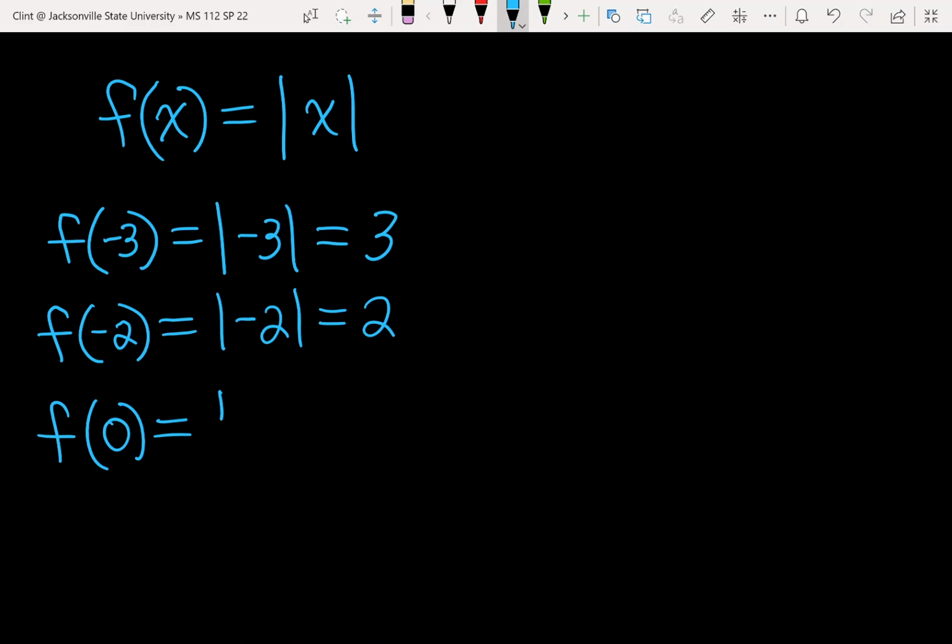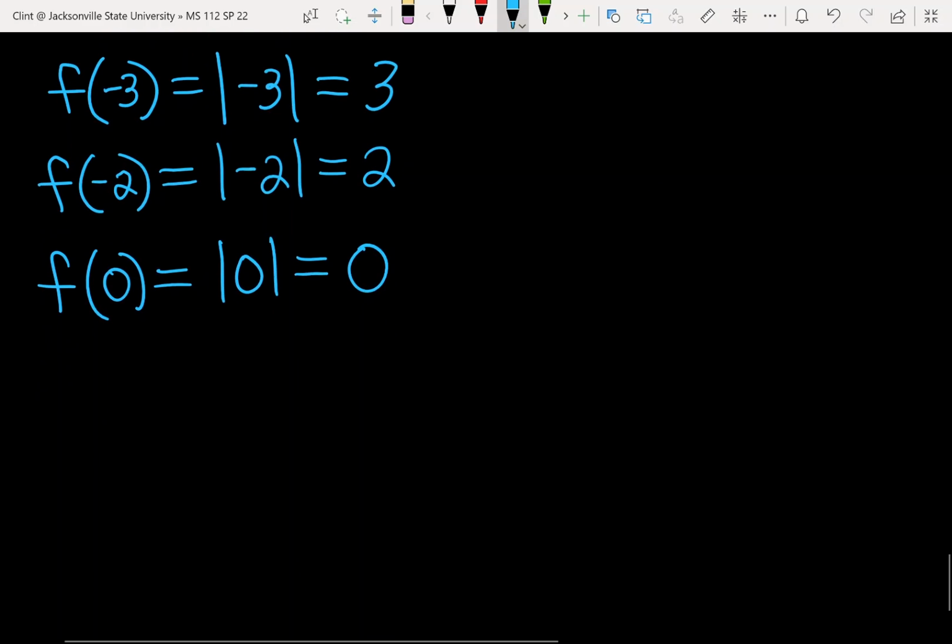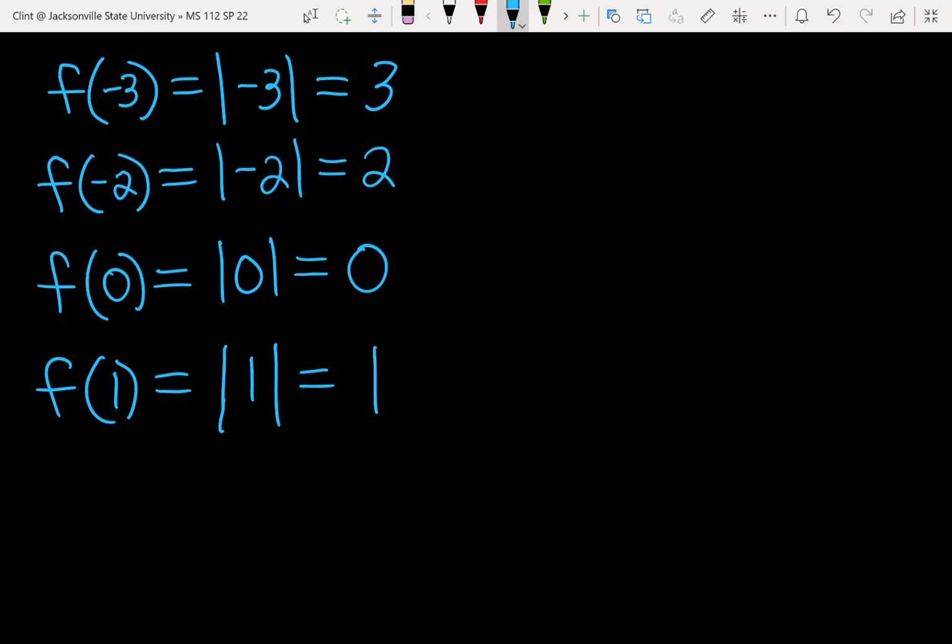Absolute value of 0 is 0. 0 is not positive or negative, so that one's slightly controversial, but it's defined as 0. Absolute value of 1. If we have a positive number inside the absolute value, it just stays positive. Absolute value of 2 is just 2.